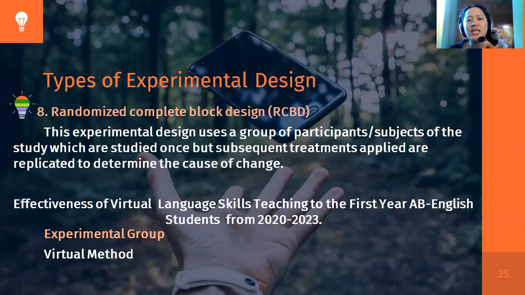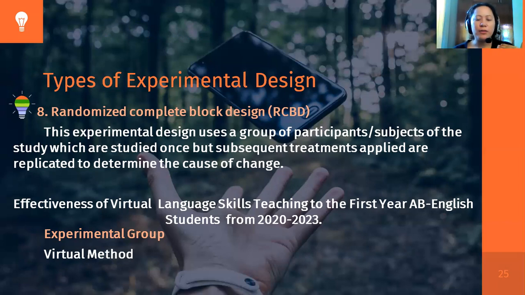So this is quite similar to the previous design, the randomized, but in this one the treatment will be repeated or replicated in order to really see, just like when you try to touch wet paint on the wall and say, oh, it's wet. Is it really wet? Let me try again. Yeah, it's really wet. So it's the same with randomized complete block design.